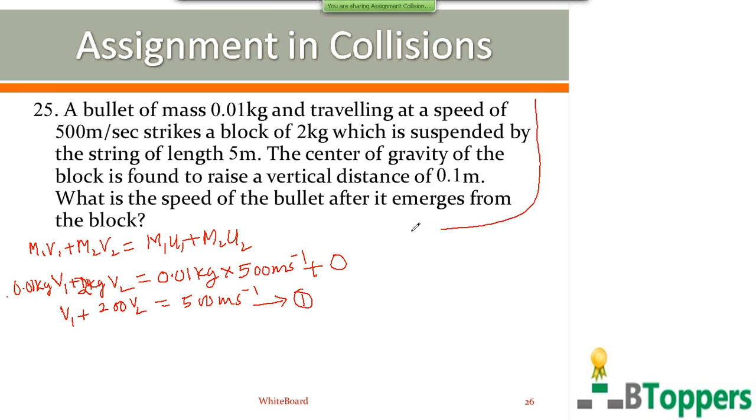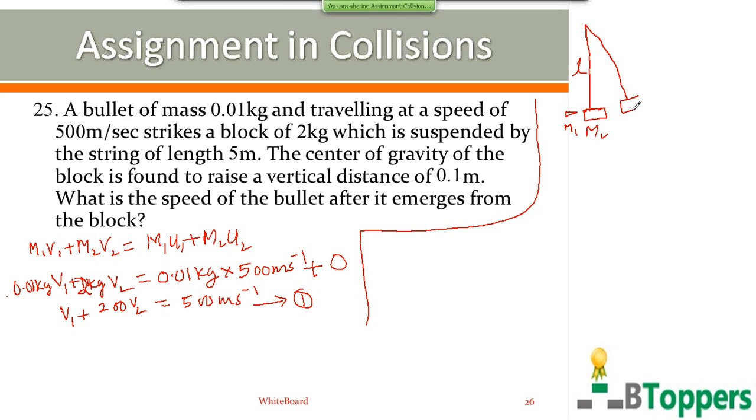Next, to find V2, we'll consider the motion of the block after collision. Here M1 is the mass of the bullet, M2 is the mass of the block, L is the length of the string, which is given as 5 meters.